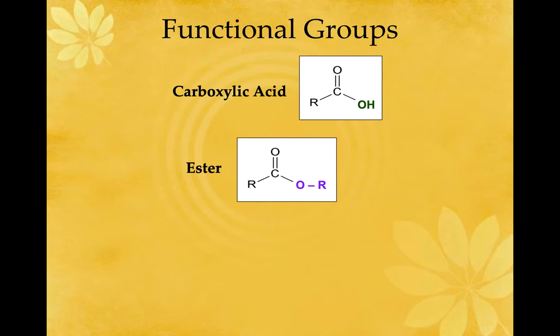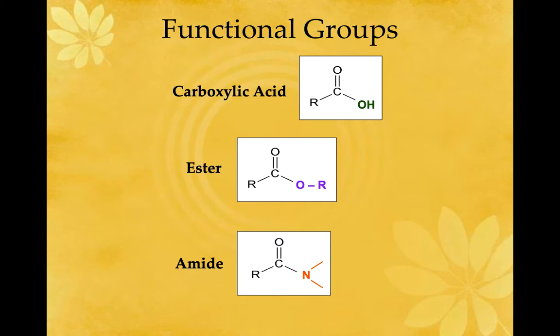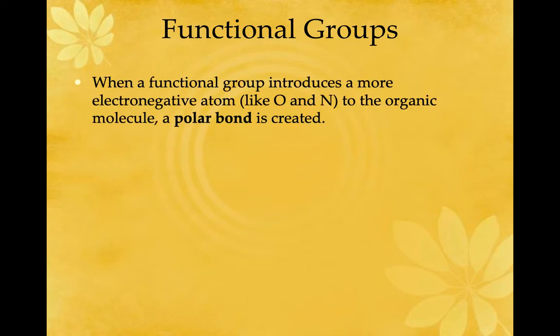So you've got a C double bond O and then a single bond O in the middle of two hydrocarbon chains. And finally, the amide group, which has that C double bond O, which is then bonded to a nitrogen, which then is bonded to either hydrogens or hydrocarbon chains. So those are the different functional groups.